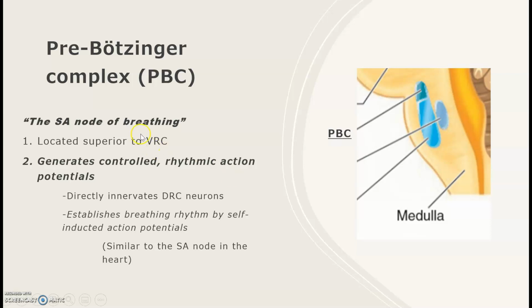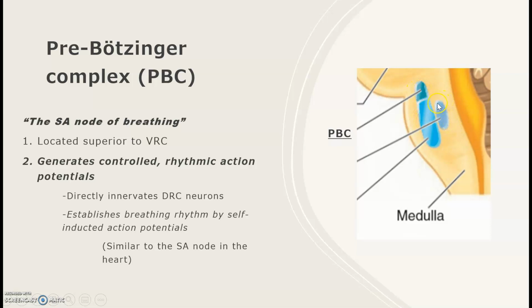And then we have this pre-Bötzinger complex. This is just superior of the ventral group, and just like the SA node controls the heart and controls those rhythmic action potentials that are conducted in the node, these have been found to have some sort of rhythmic action potentials generated to slowly activate these two groups.